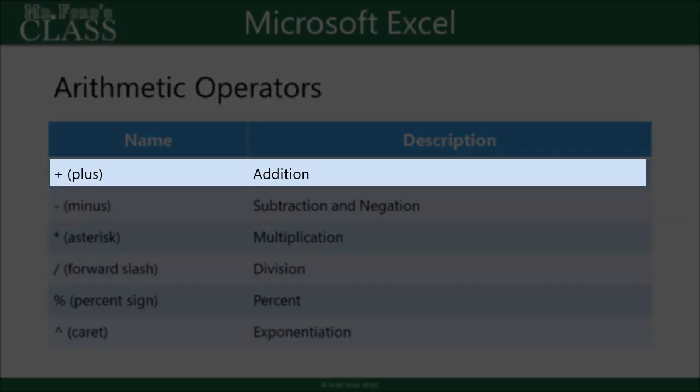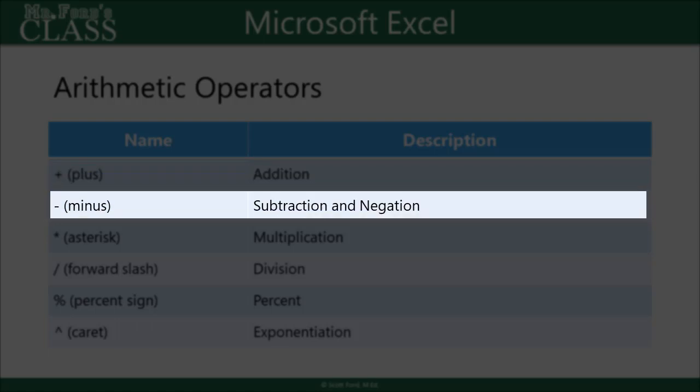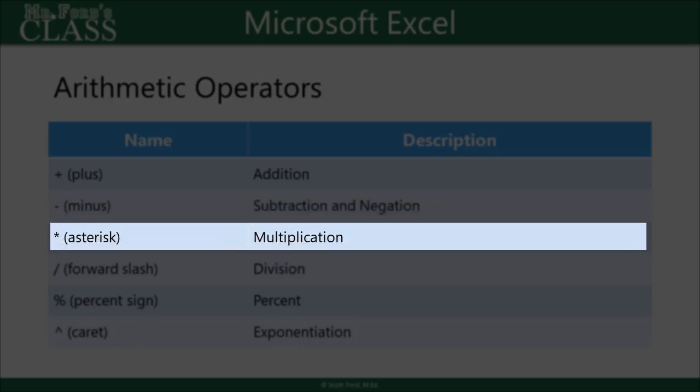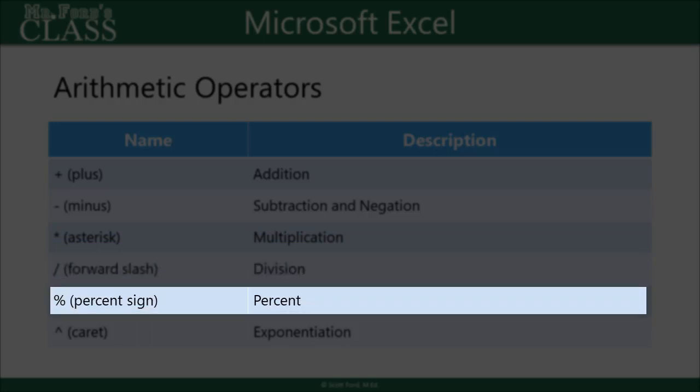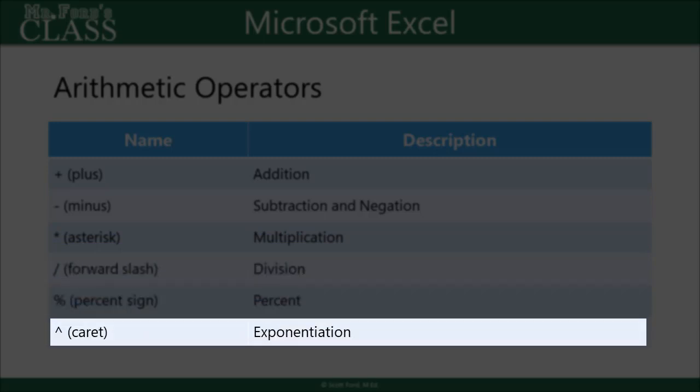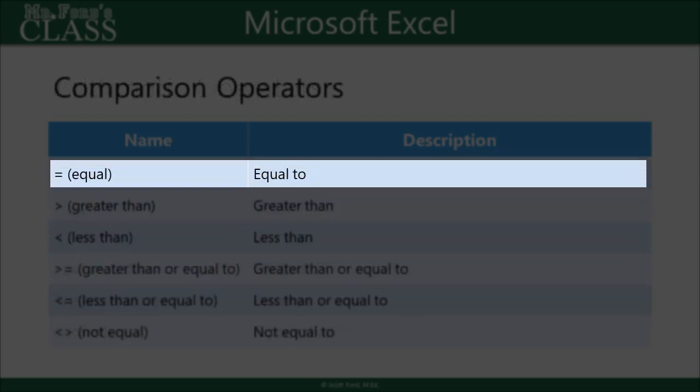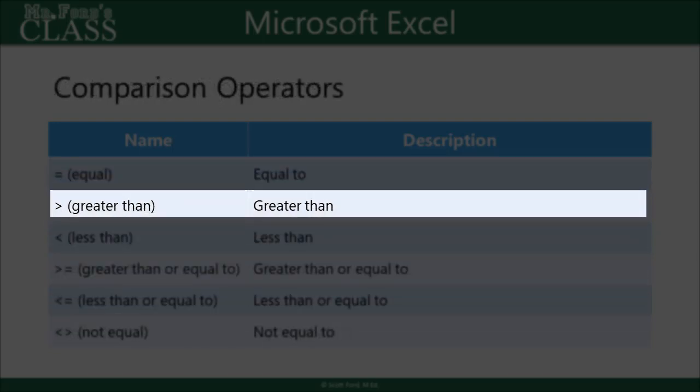So the plus sign is still for addition. The minus sign is still for subtraction or turning something into a negative. The asterisk takes the place of the X for multiplication. The forward slash is for division. The percentage sign is for percent. You use the caret for exponentials. The equal sign is equal to. The greater than sign is greater than.